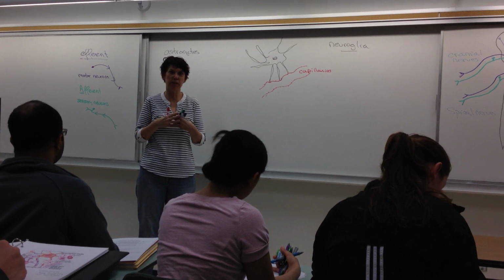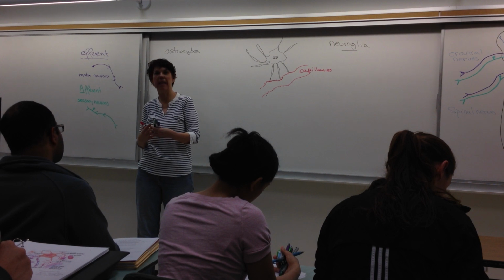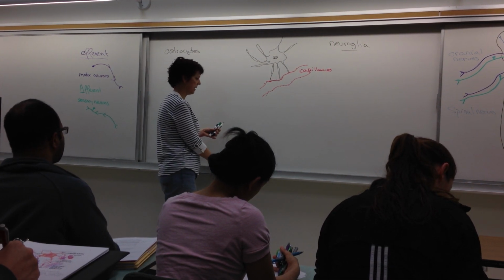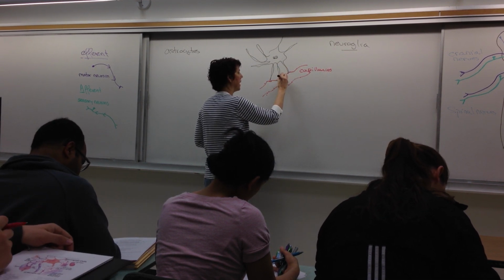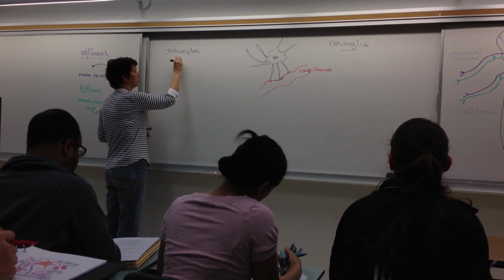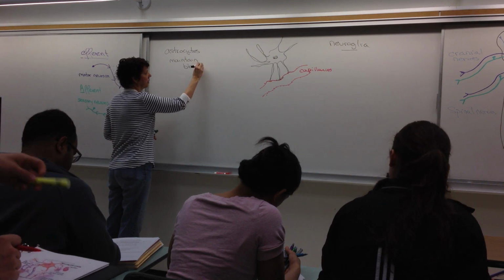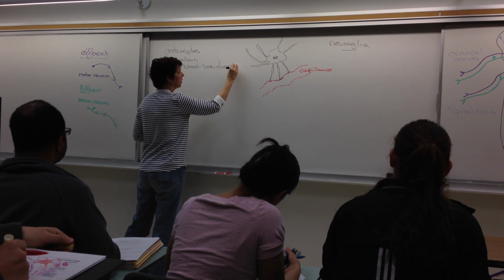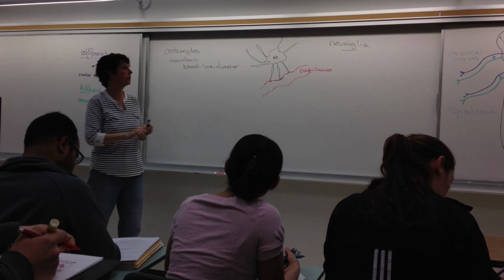It has to be very small, which makes it difficult to treat problems in the brain with chemicals or antibiotics, because they are not able to leave the capillaries. And so the astrocytes help to maintain this blood-brain barrier. And then they're also found associated with the neurons.